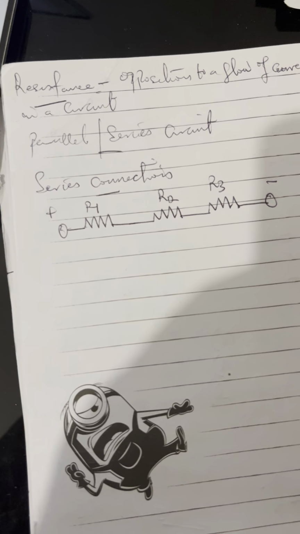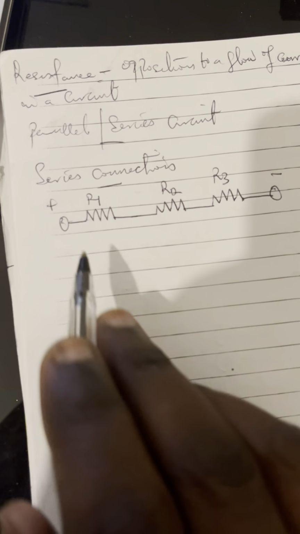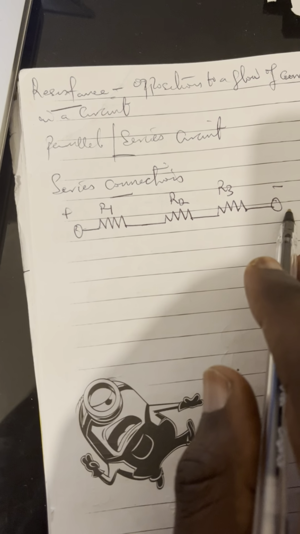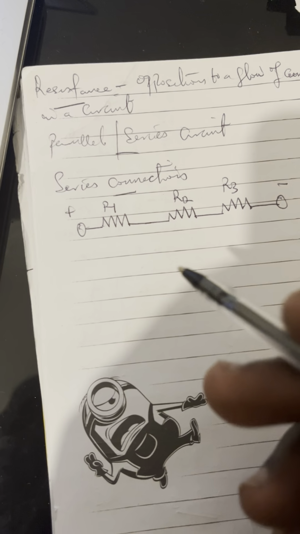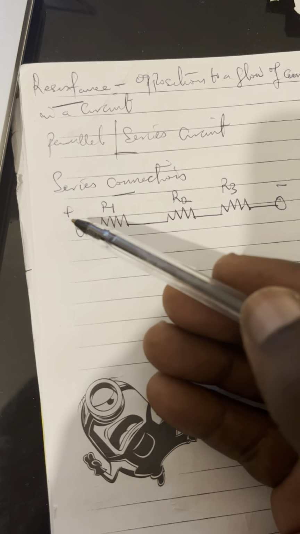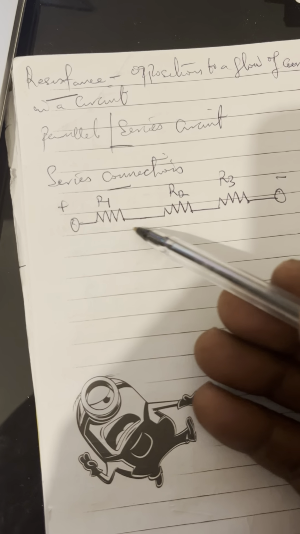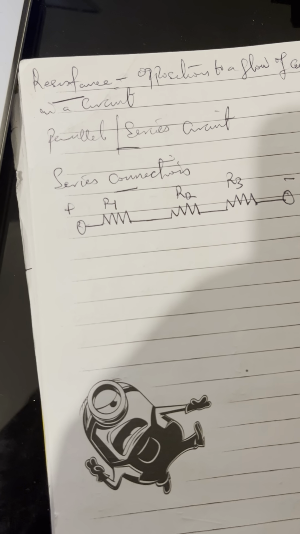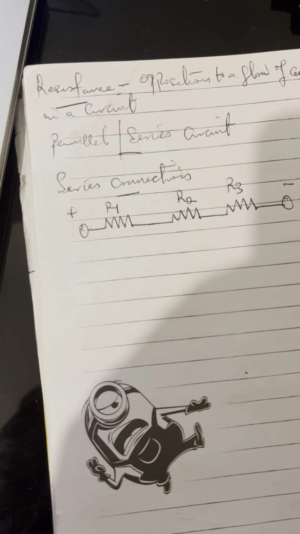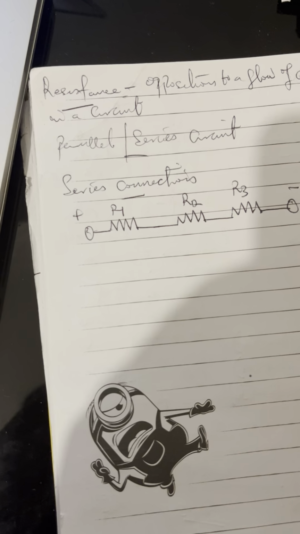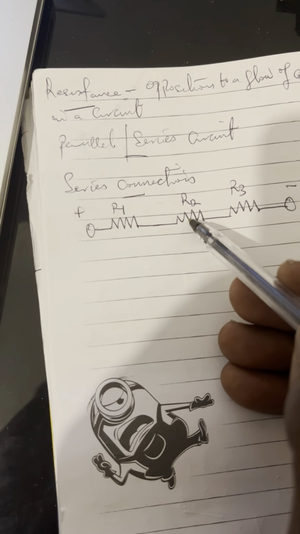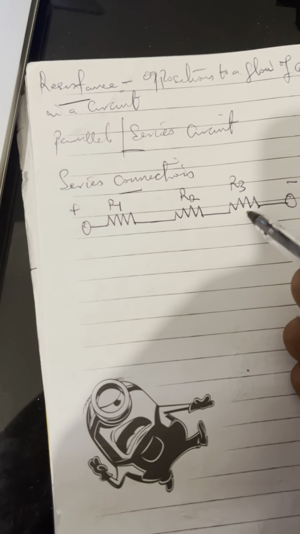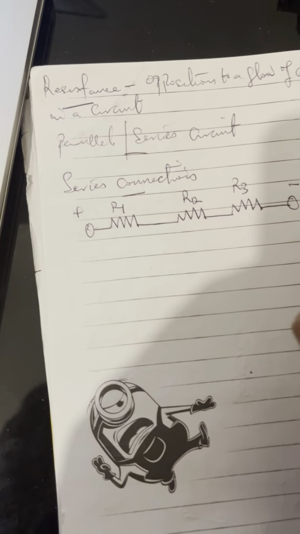One thing you have to know is that the voltage connected across these is going to measure the overall current that passes through here. The voltage drop here will be different from the voltage drop here, but there's an overall voltage.